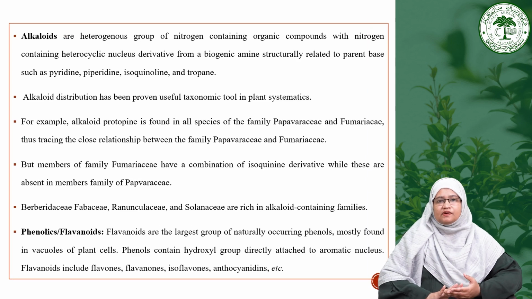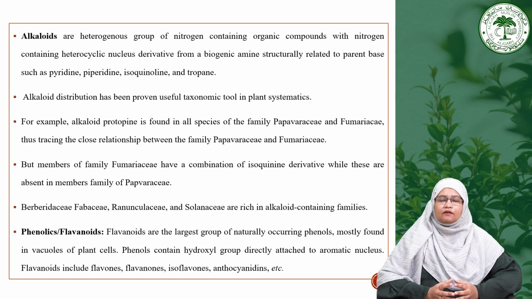Then the next group of plant compounds is the alkaloids. Alkaloids are a heterogeneous group of nitrogen containing organic compounds with nitrogen containing heterocyclic nucleus, derived from a biogenic amine and structurally related to the parent bases such as pyridine, piperidine, isoquinoline and tropane.